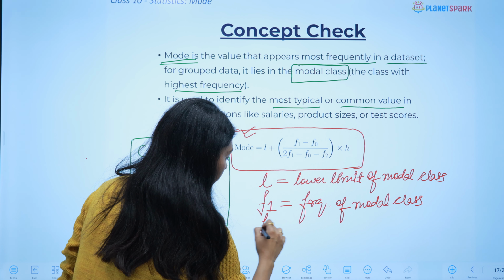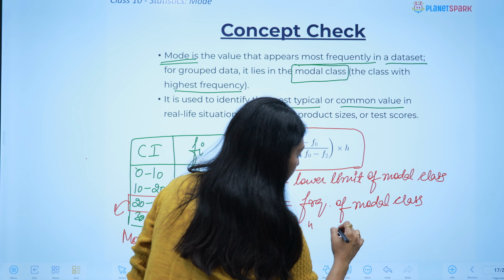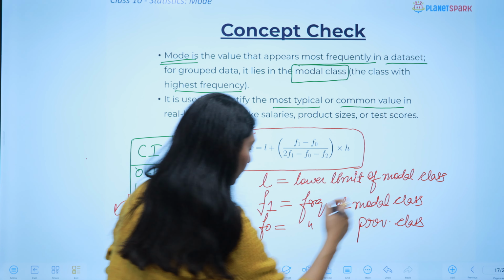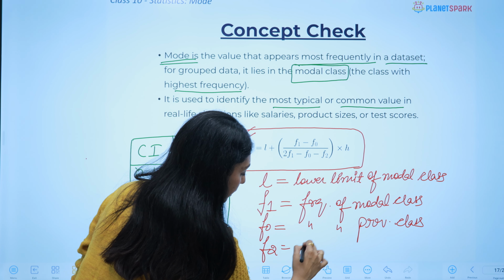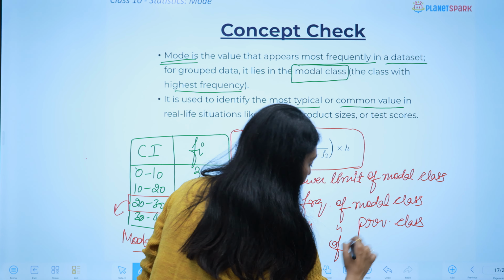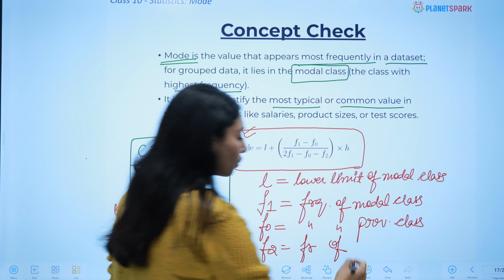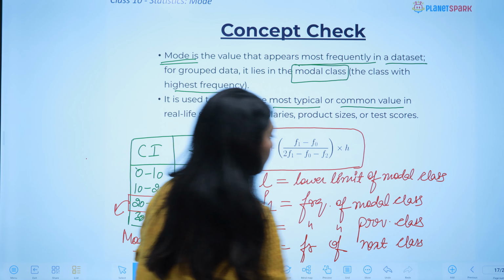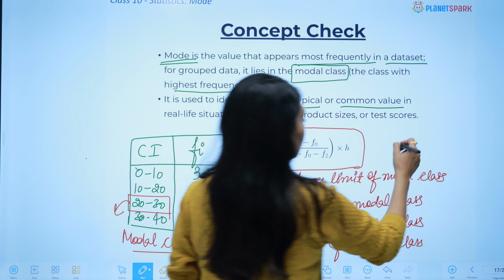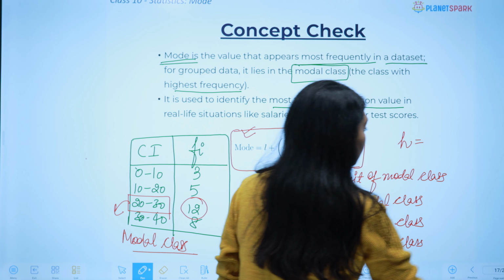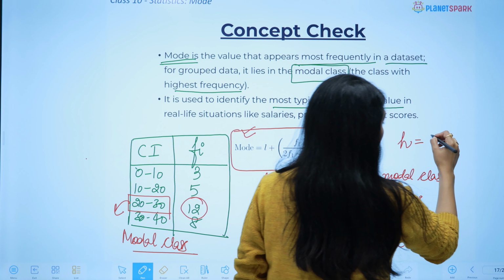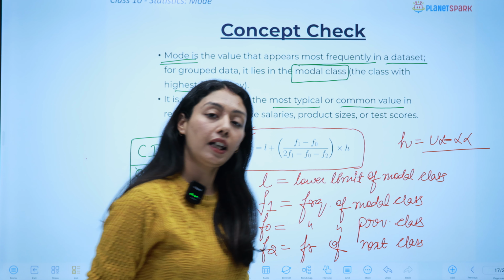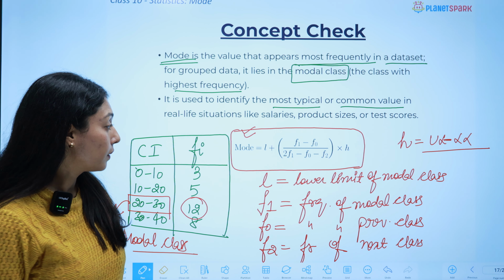So F0 is the frequency of the previous class of the modal class and F2 is the frequency of the class succeeding the modal class, or we can say of the next class to the modal class, and we have H as the class size or class width that we find as the upper limit minus the lower limit. Clear everybody?